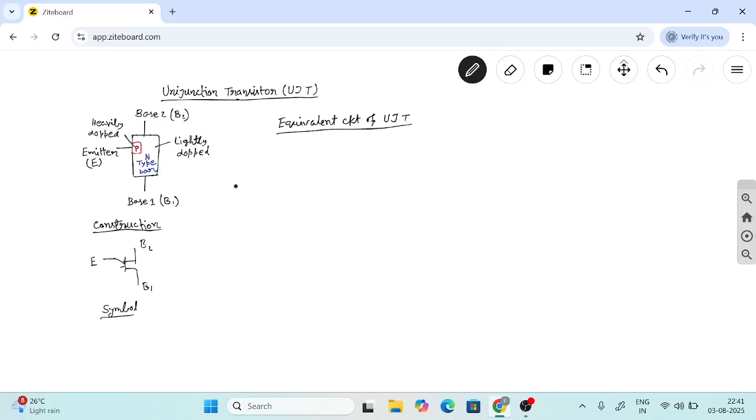Here the PN junction forms one diode, and between base B2 and base B1 forms one resistance. It is called the inter-base resistance.